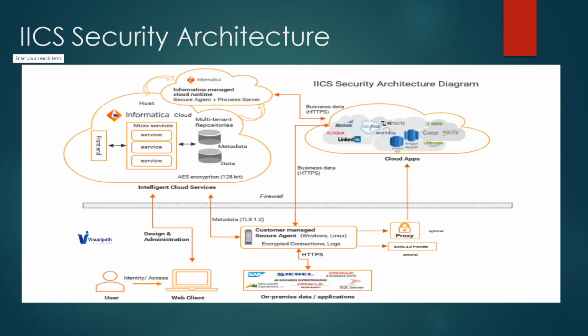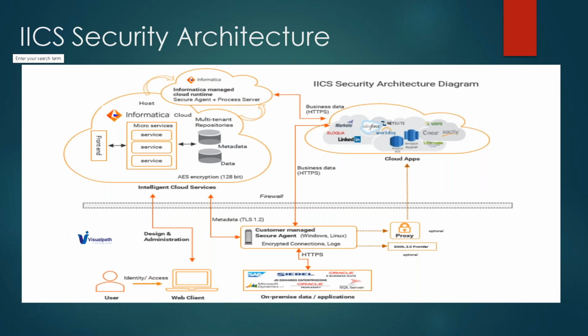For example, if the organization is, let's say, Walmart in the USA, and they have stores across the United States, and they want to manage their own data, that is still possible with a secure agent, which is behind the firewall of the organization.